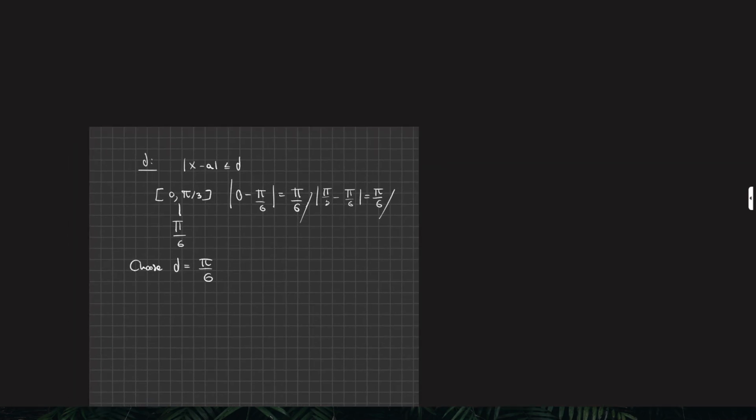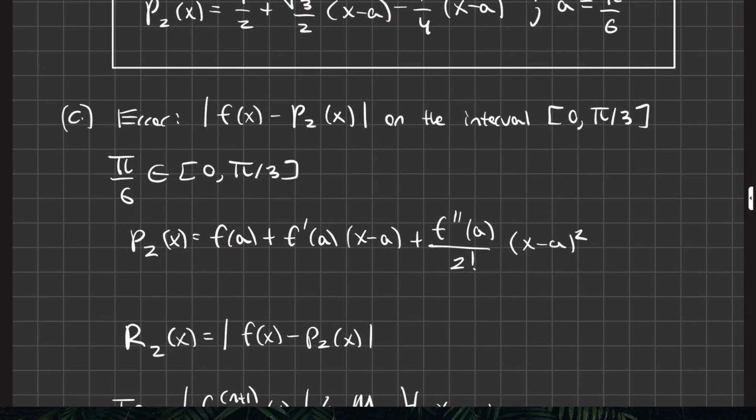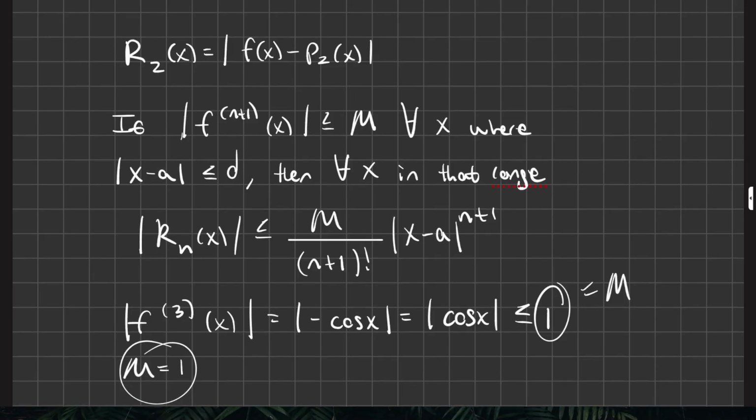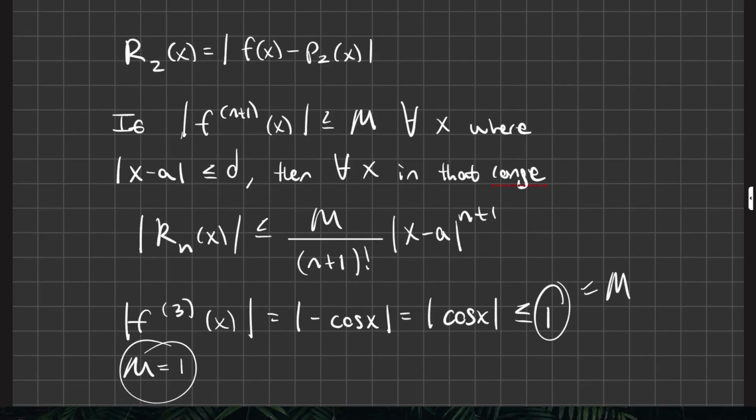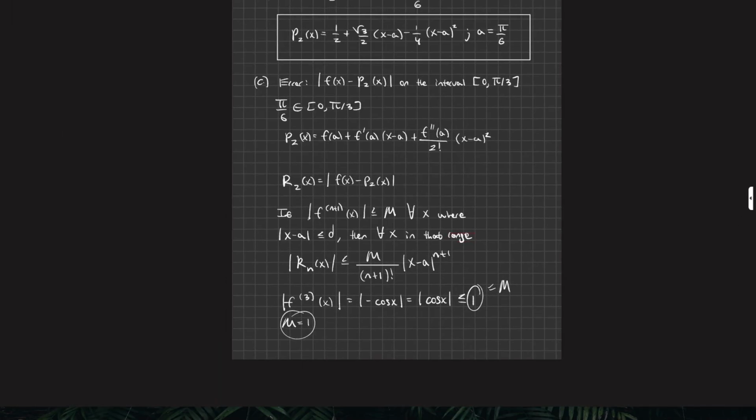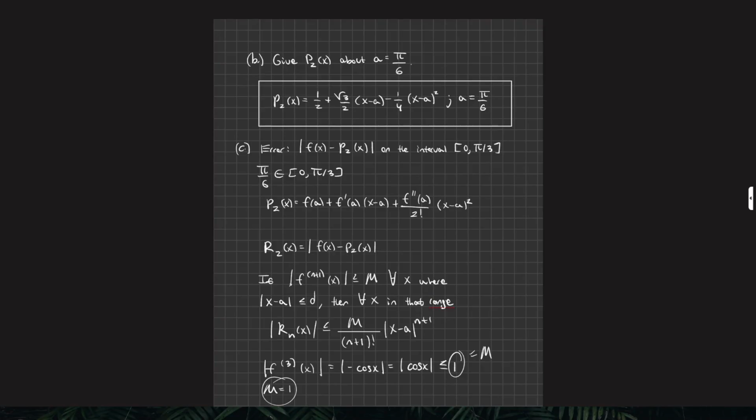Yes, this is how you choose m, and you choose lowercase d. So just think back to the theorem in the book. We need to satisfy this inequality. In this case, we were using cosine, right? So the range that we're talking about is -1 to 1. If this was sine of x, you could use that too, -1 to 1. But then for other functions, you'd have to find the range of that function, either manually, or you might be able to just see it by looking at the function.